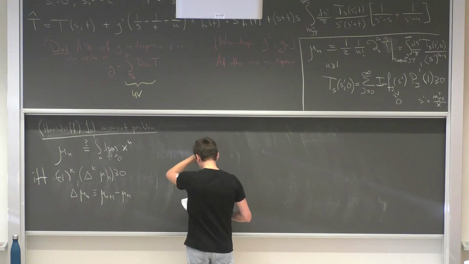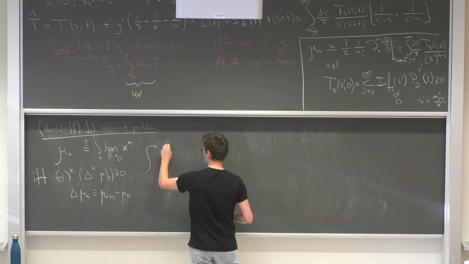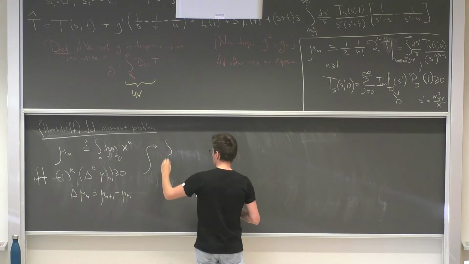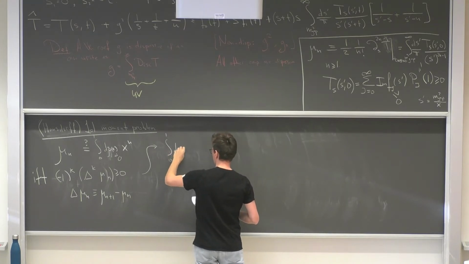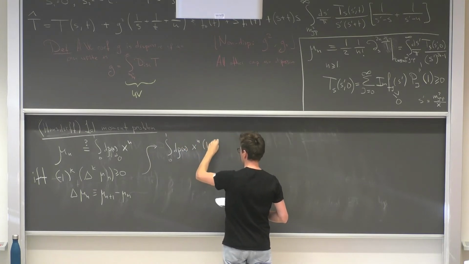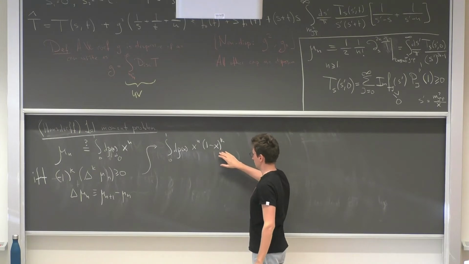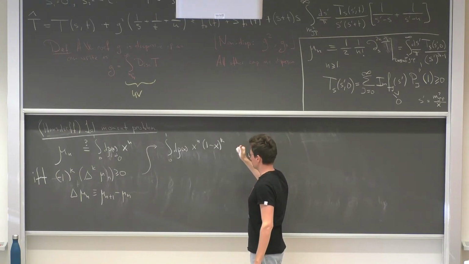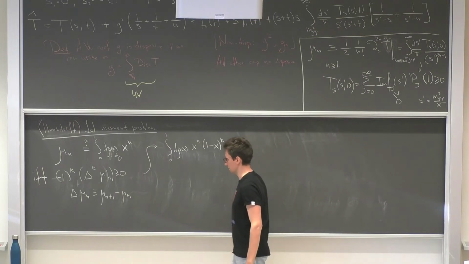It follows from the fact that this thing is nothing but the integral from 0 to 1 of rho of x, x to the n, 1 minus x to the k. Clearly this integrand is non-negative, so this is positive. So one direction is easy.